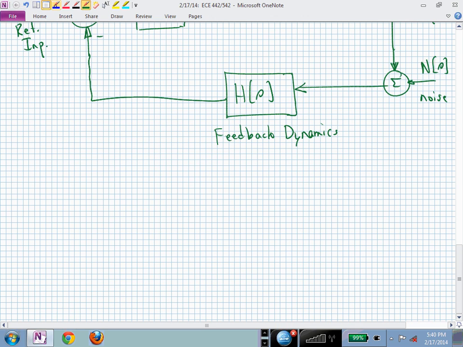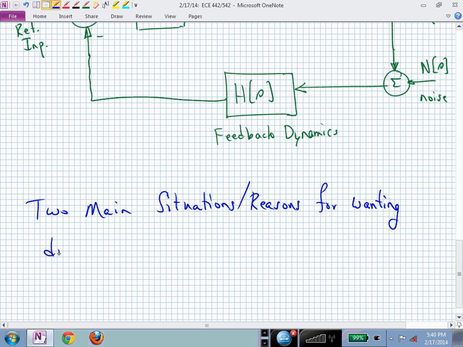There's two main reasons or situations for discrete equivalence.